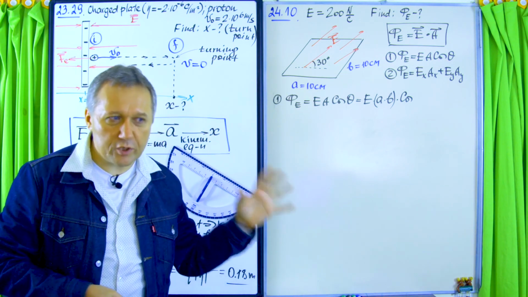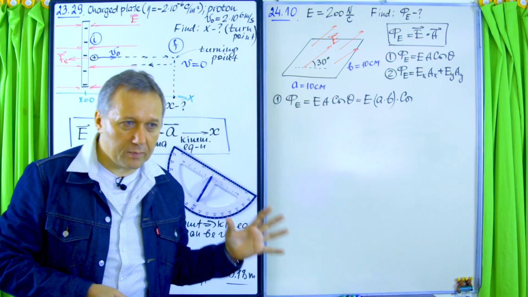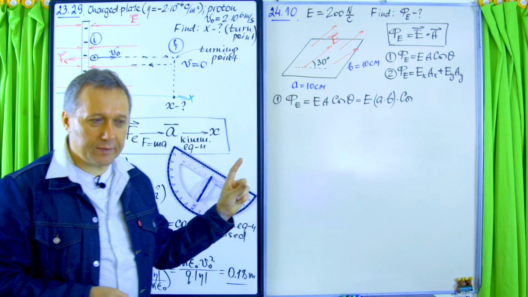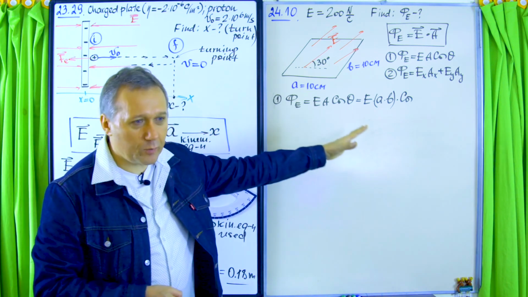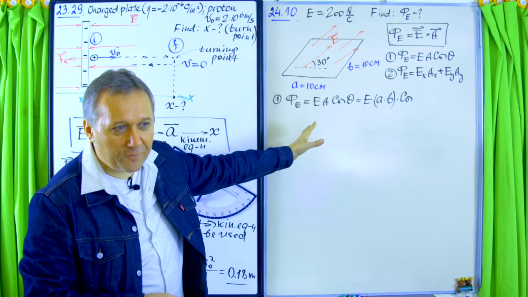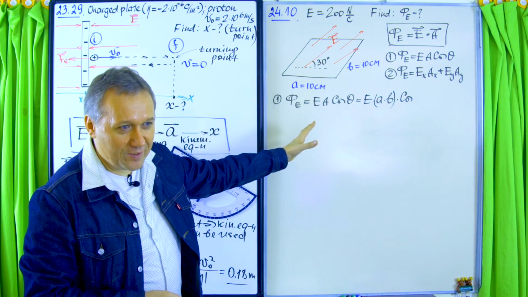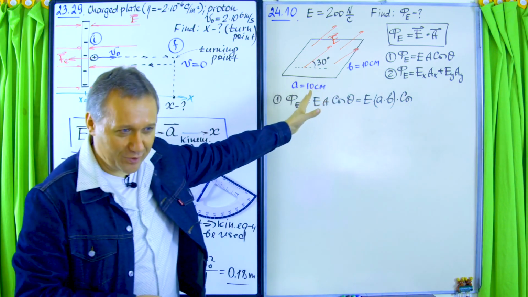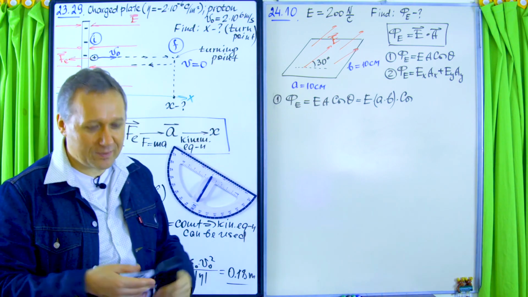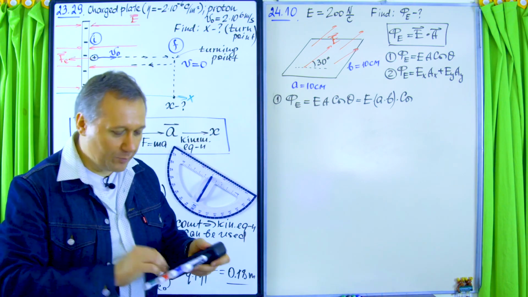We need to understand which angle is correct. To discuss which angle is correct, it's better to add something to this picture. Let's draw the area vector on the picture, because without showing it, it's not convenient to explain.